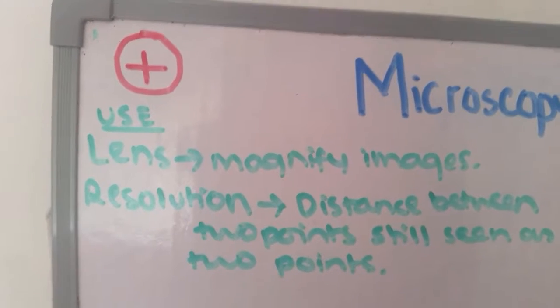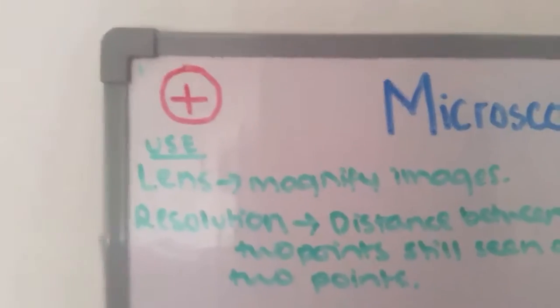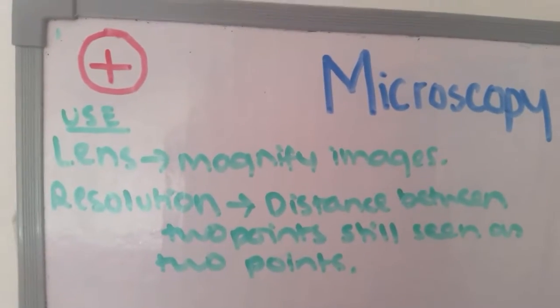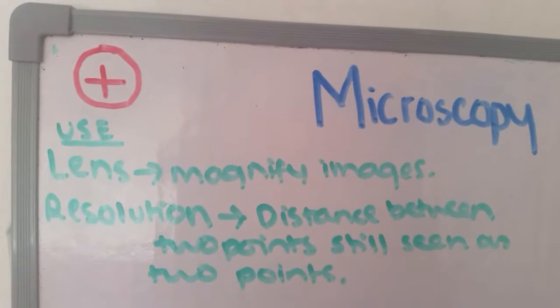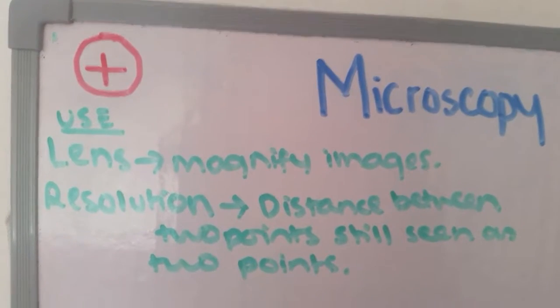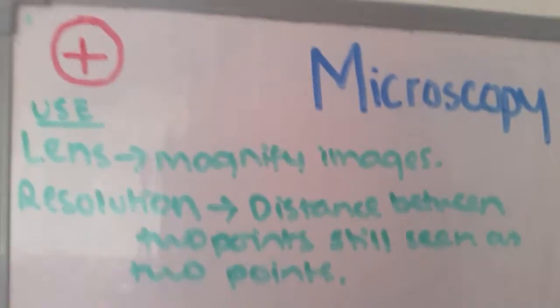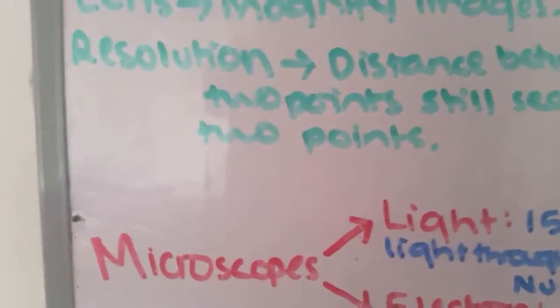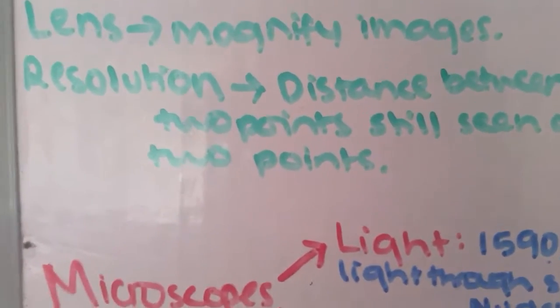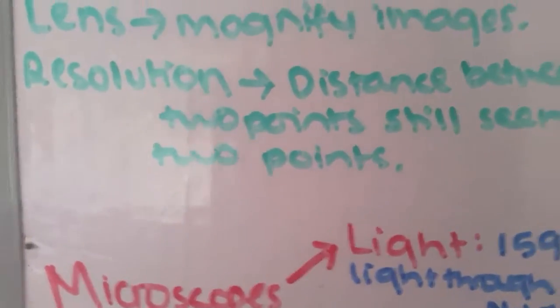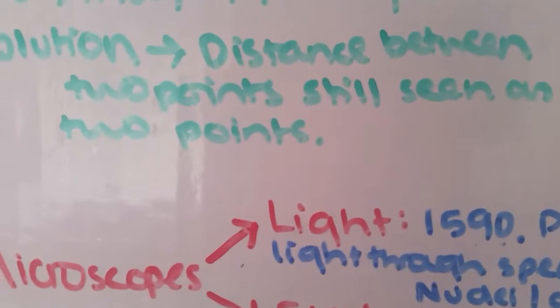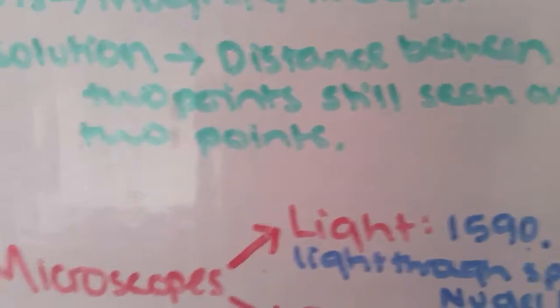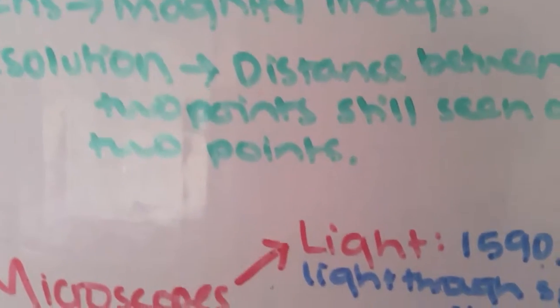So they allow objects to look bigger, and they also allow these objects to be focused so you can see them in detail. If they ask you what the definition of resolution is, then resolution is basically the distance between 2 points which can still be seen as 2 points.